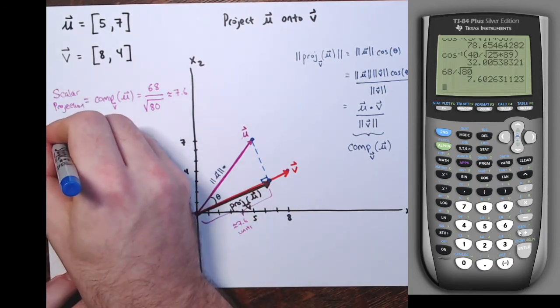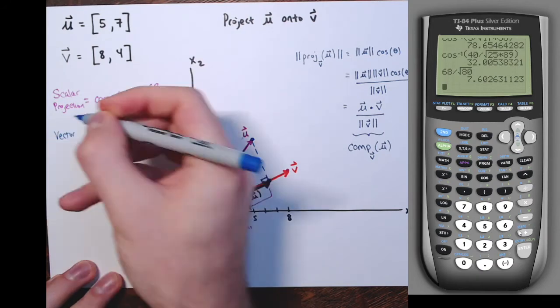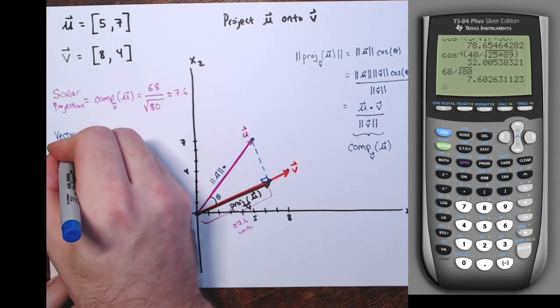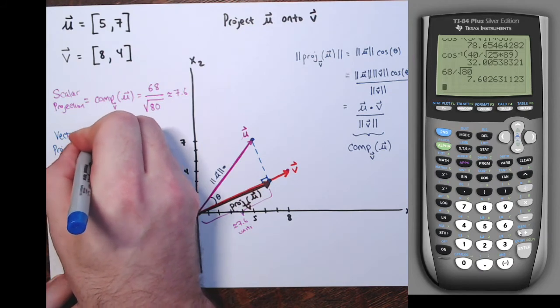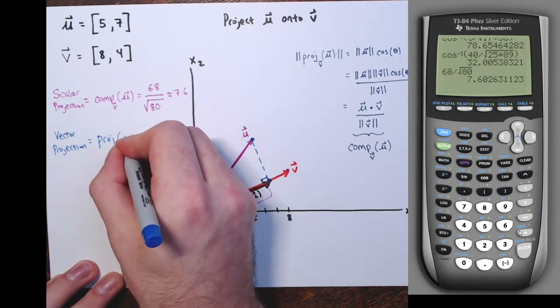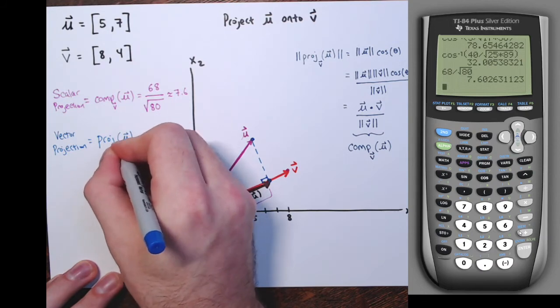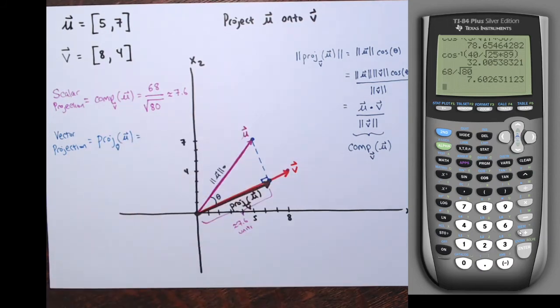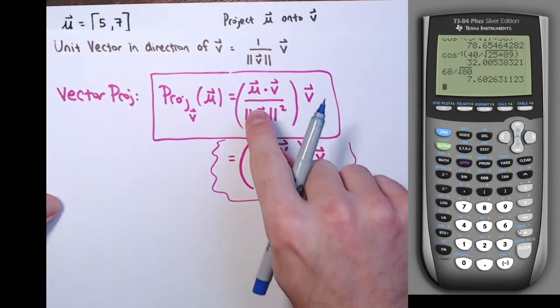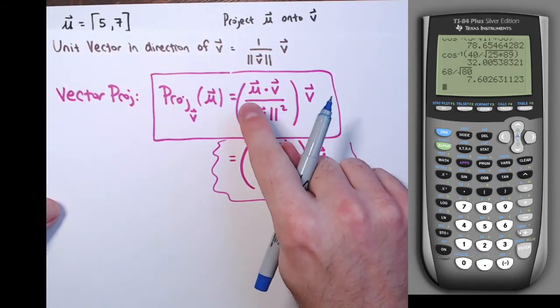So then the vector projection, what is this vector? That's this proj, projection of u onto v, and I had that formula here. This was this scalar.